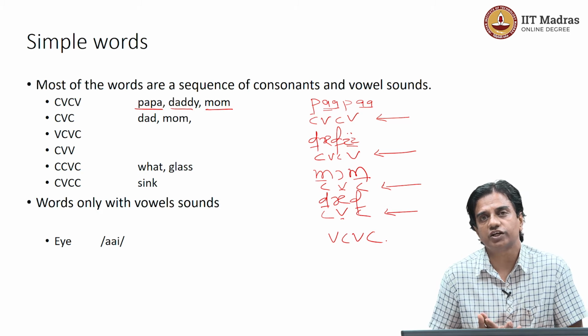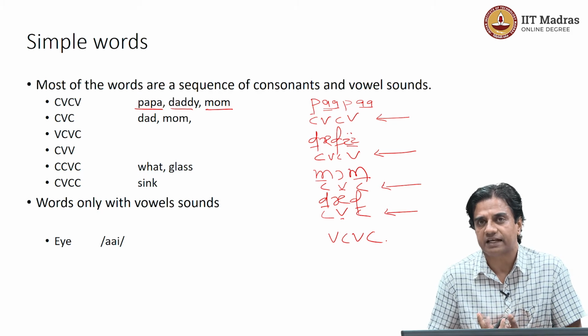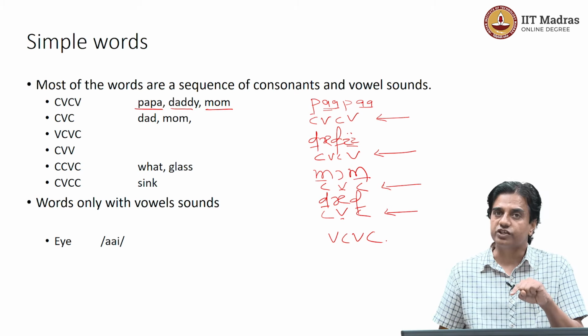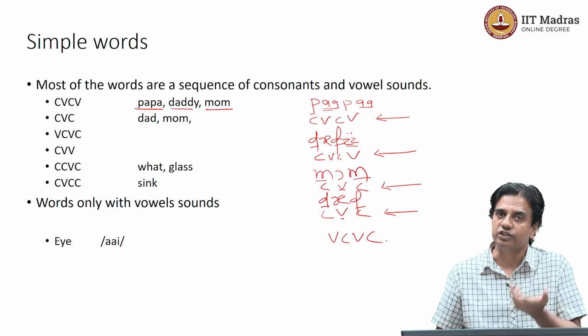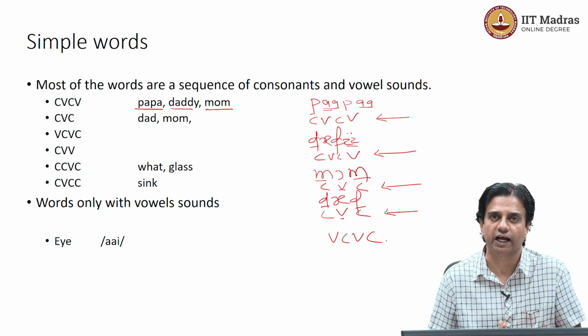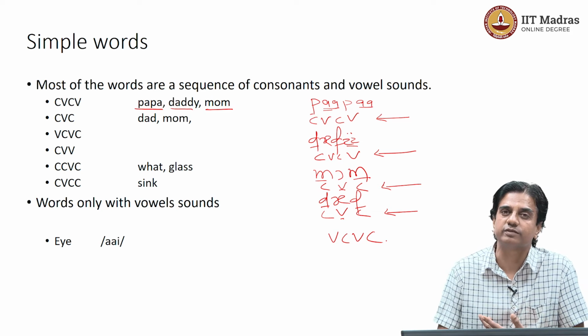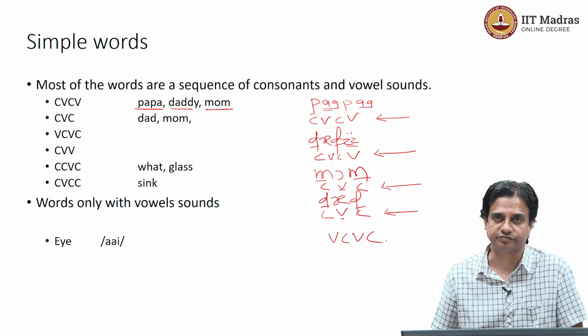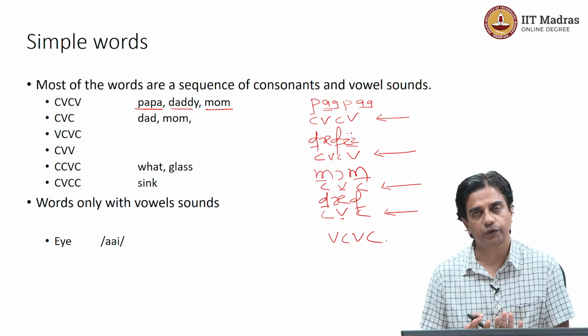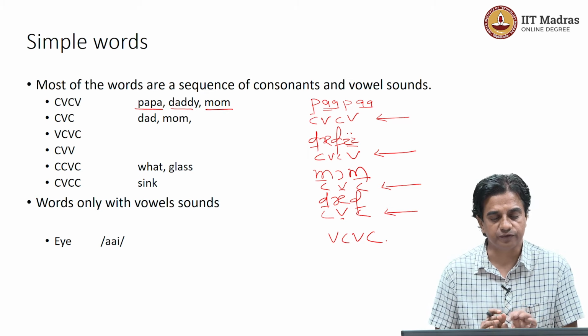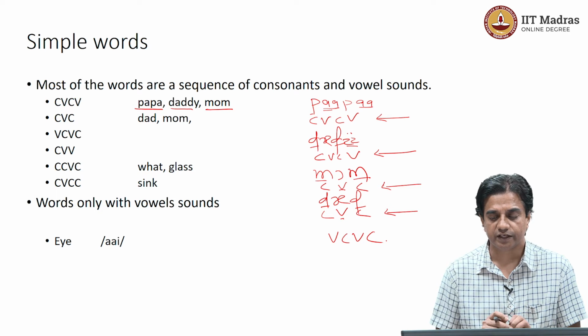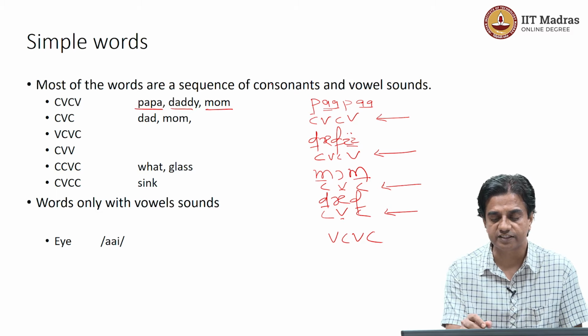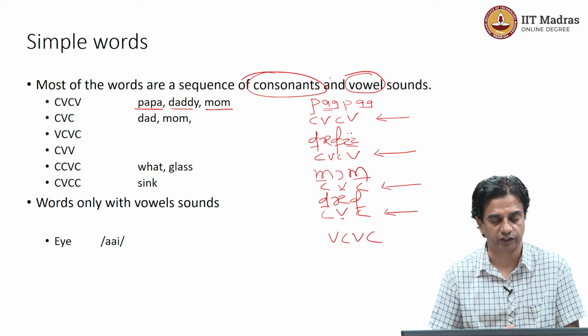So, these alternations are possible as a pattern, but which consonant comes and which vowel sound comes, there is no constraint on that. And that is responsible for giving us millions of words in English. So, this gives you some idea about the sequence of consonants and vowel sounds in English words.